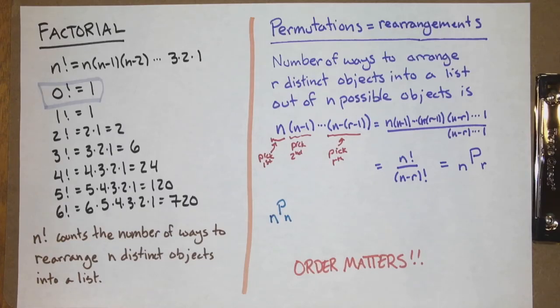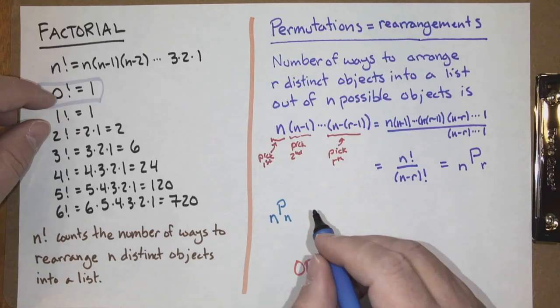What should that be? We can either reason it or we can apply the formula. Does anyone have a reasoned answer for what it should be? Let's see what the formula says.